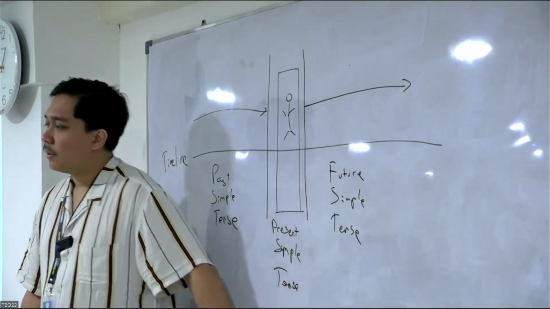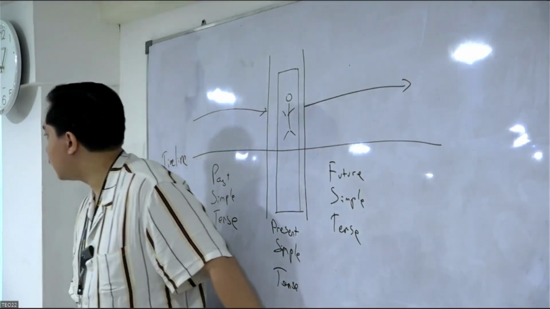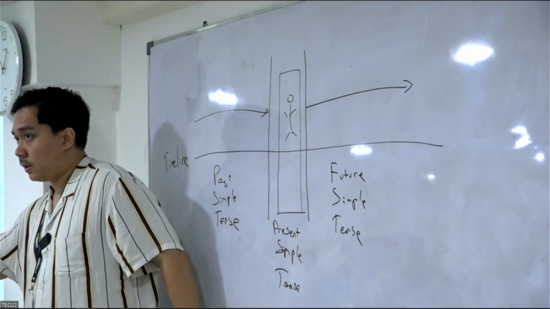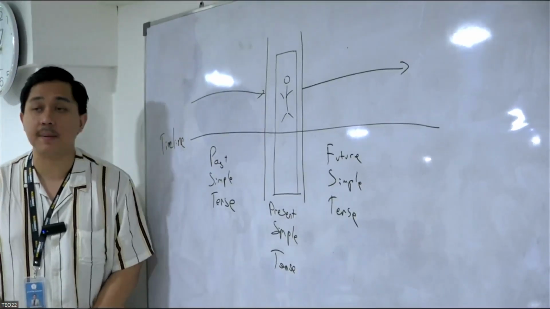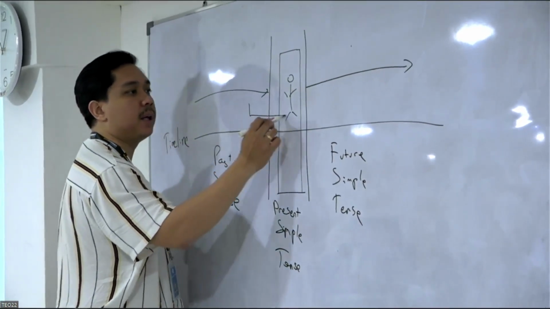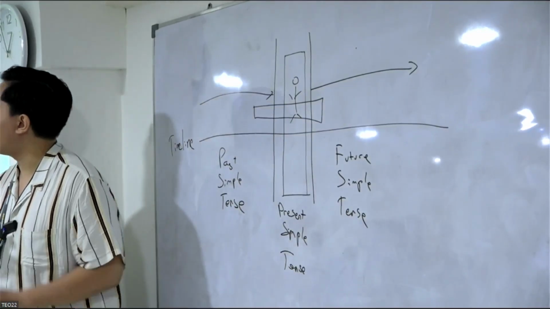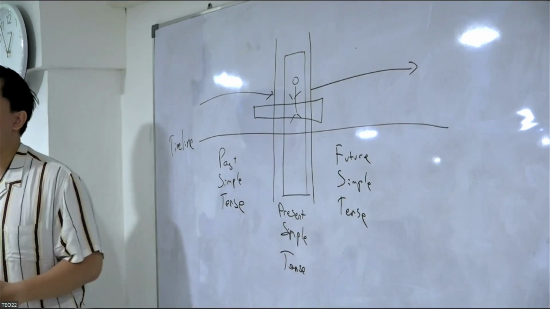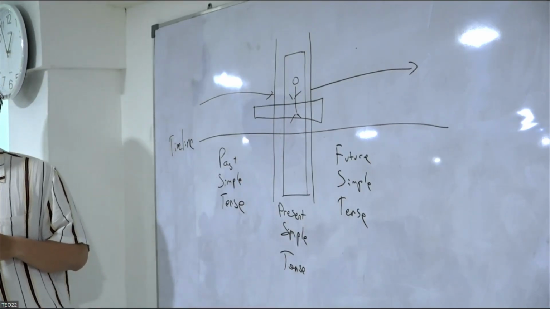But no, the devil is always in the details. Tomorrow, or next week, we'll be learning present simple tense, where the timeline will be something like this. I'll be showing you guys all the timelines to frame the map of all the tenses.